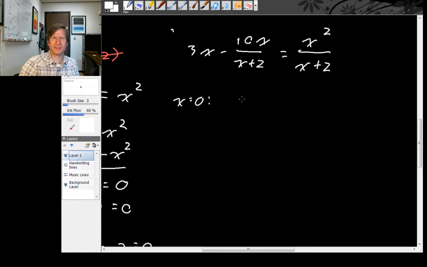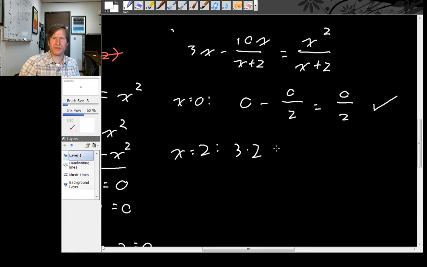When we plug in x equals 0, we get 0 minus 0 over 2 equals 0 over 2. That checks out. Both sides are 0. Now let's plug in 2. We get 3 times 2 minus 10 times 2 over 2 plus 2 equals 2 squared over 2 plus 2.